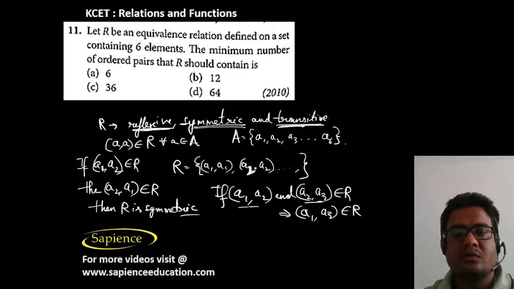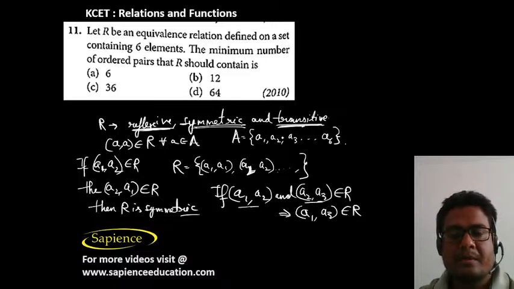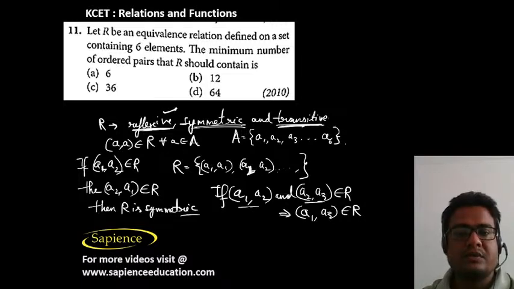It means that if all these 6 ordered pairs are there, where every element is related to itself, then the relation R will be an equivalence relation. So the minimum number of ordered pairs that it should contain is 6.